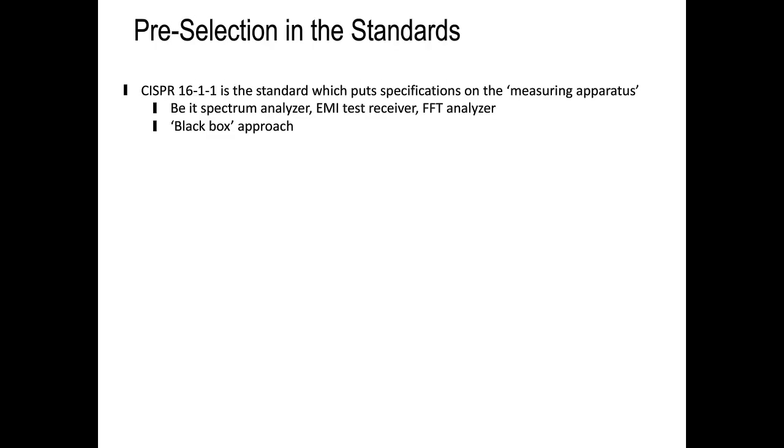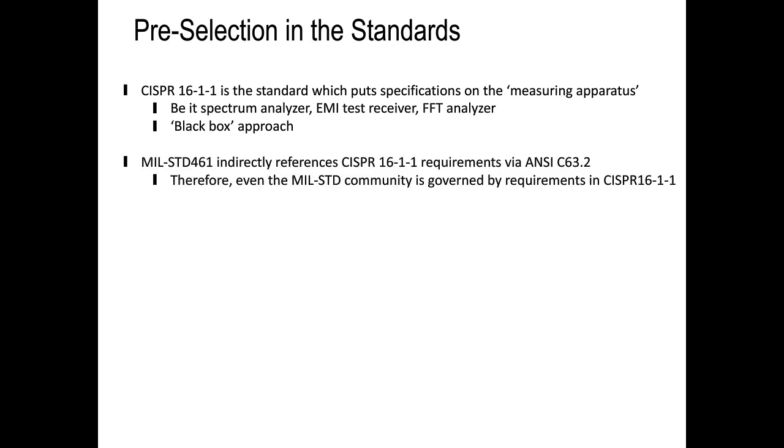Okay, CISPR 16-1-1 is the standard which puts specifications on the measuring apparatus. And in there it says, be it a spectrum analyzer, a test receiver, an FFT analyzer, it uses a black box approach in that it doesn't care how you do it, but you must meet these specific measurement accuracies. So the MIL standard community say, okay, great, but I don't do commercial standards.